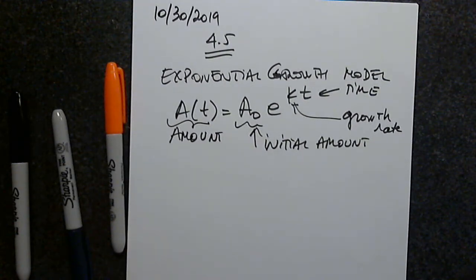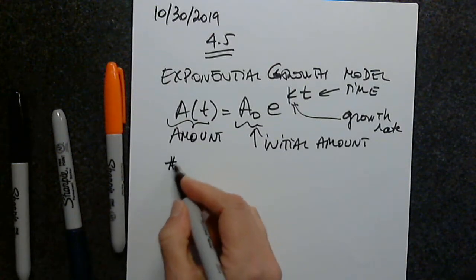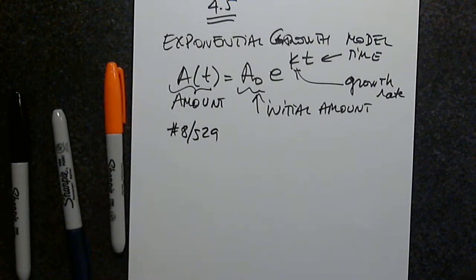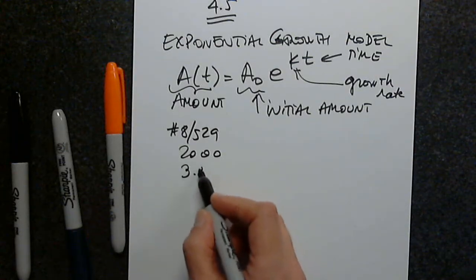Okay, so let's look at an example with the exponential growth model. Problem 8 on 529. In the year 2000, we take notes when we read, the population of the Palestinians in the West Bank, Gaza Strip, and East Jerusalem was approximately 3.2 million.